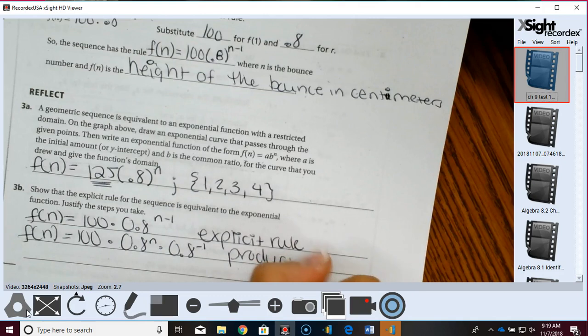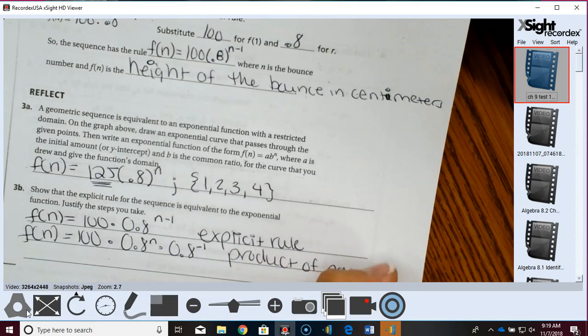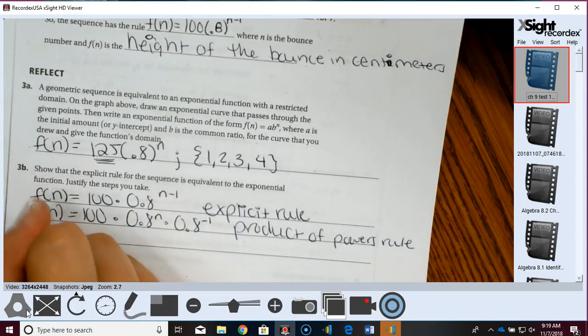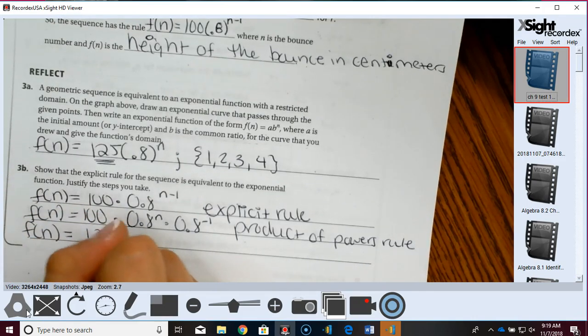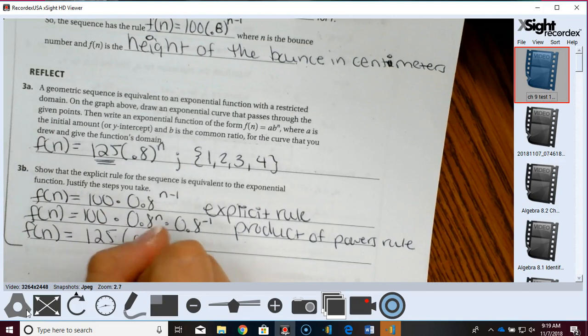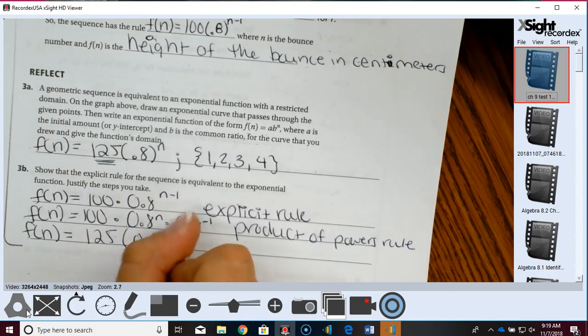Product of powers rule. f of n equals 125 times 0.8 to the n.